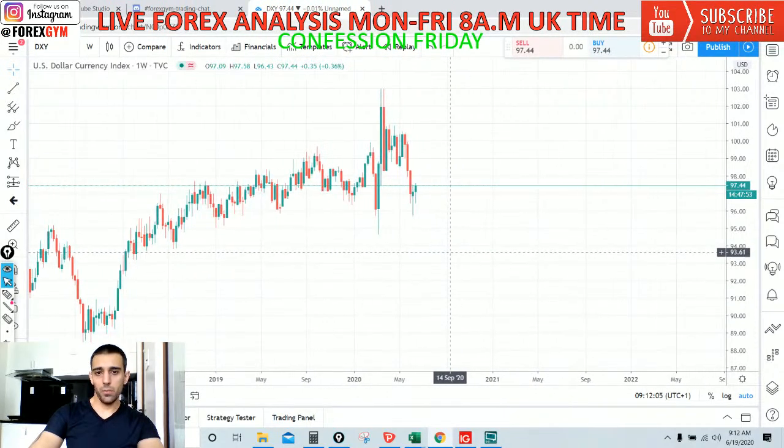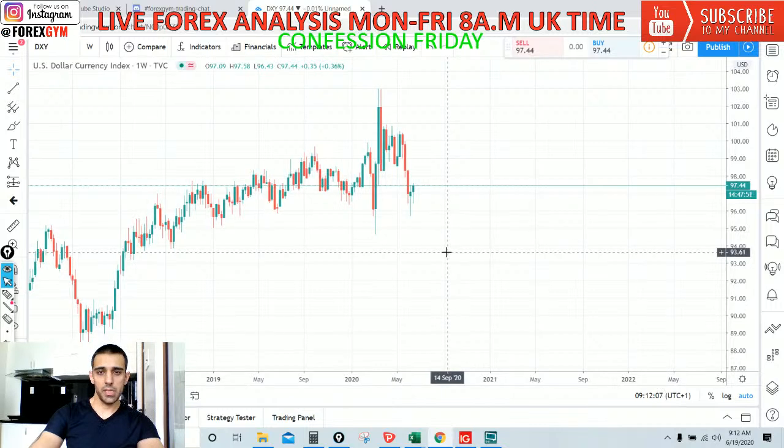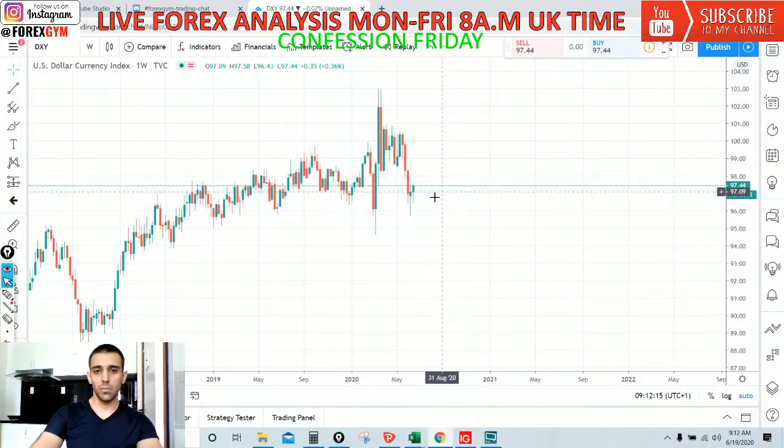For now, on a higher time frame this looks more like a pullback, on a weekly time frame at least. When you see this, it looks like a pullback. Generally when the price does that, you might get another week and then it starts to collapse down.